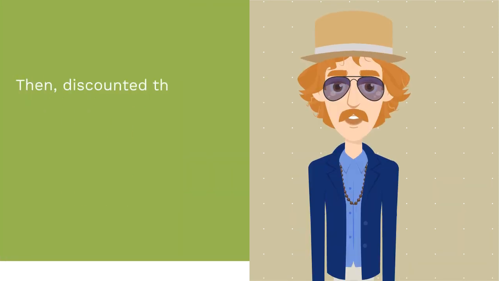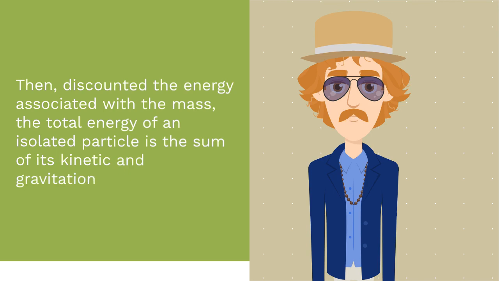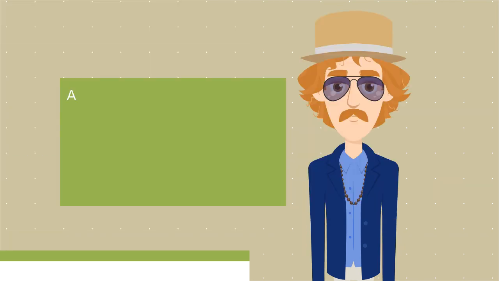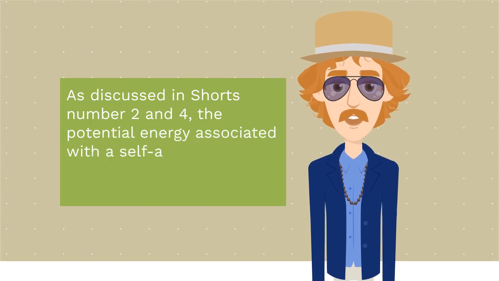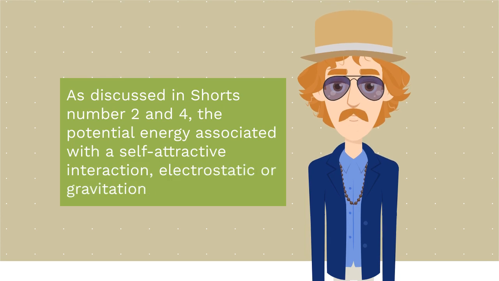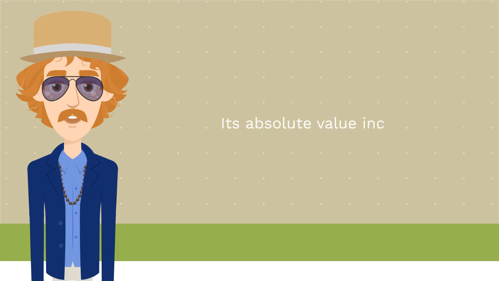Then, discounting the energy associated with the mass, the total energy of an isolated particle is the sum of its kinetic and gravitational energies. As discussed in shorts number 2 and 4, the potential energy associated with a self-attractive interaction, electrostatic or gravitational, is negative. Its absolute value increases if the size of the particle decreases.